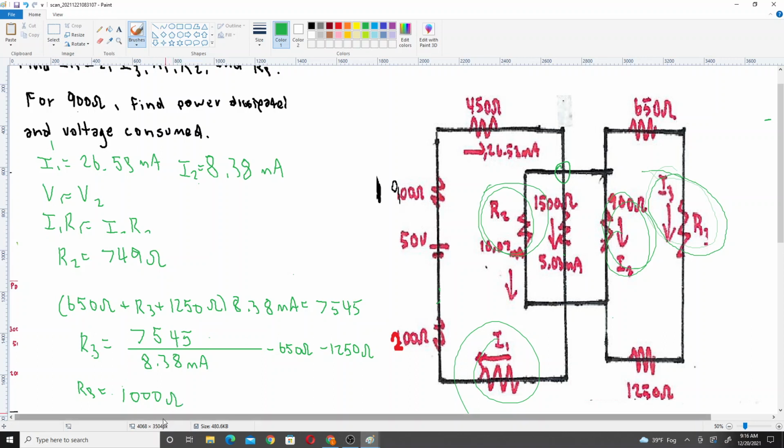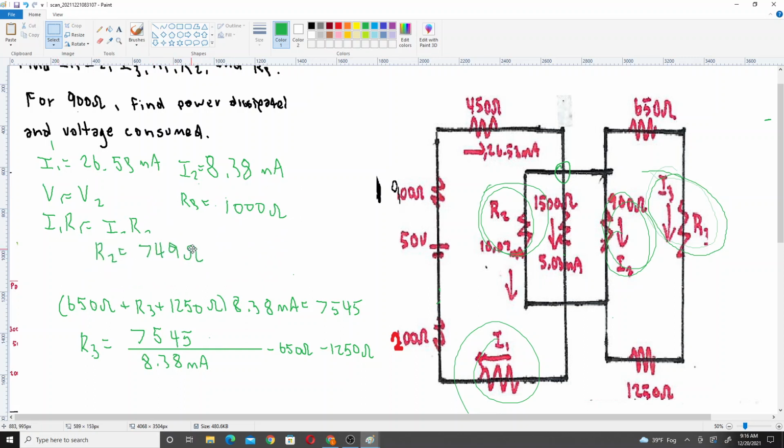All right. So it looks like we've solved for just about everything so far. We have I1, I2, R3, R2, R1. Didn't we solve for R1 already?